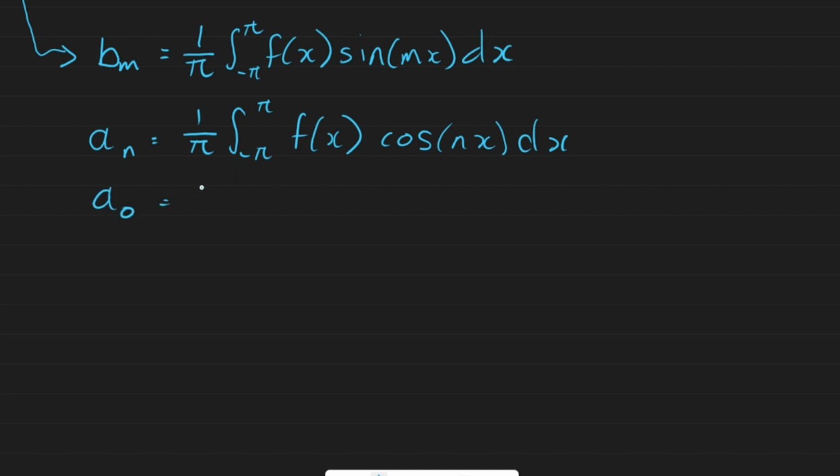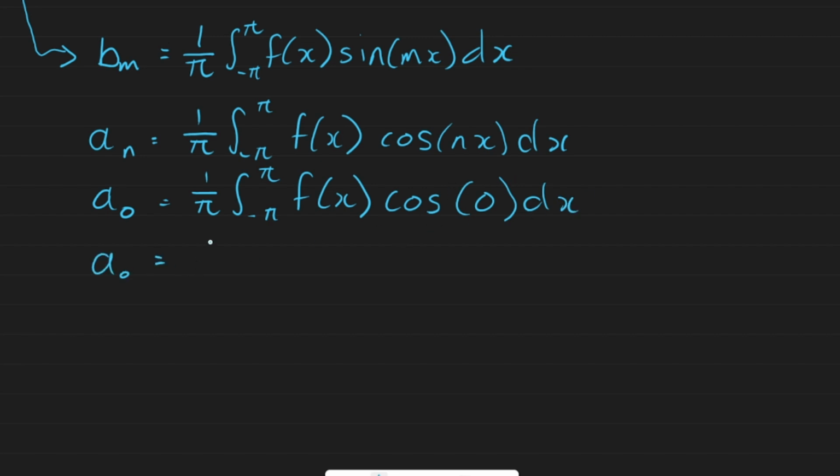We just make n equal to 0. So we have 1 over pi, the integral from minus pi to pi of f of x and cos of 0 essentially. Let's substitute it. So cos of 0 is equal to 1. So what that becomes is 1 over pi, the integral from minus pi to pi of just f of x dx.